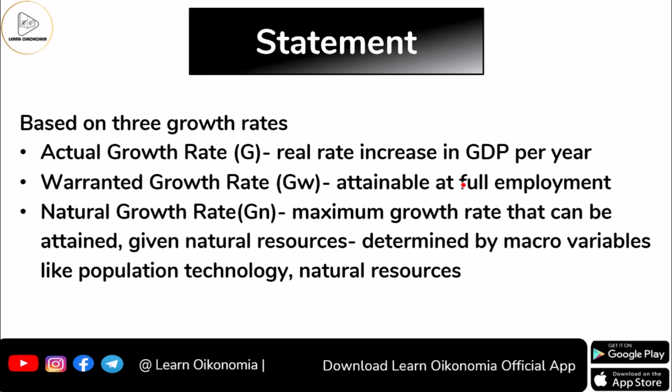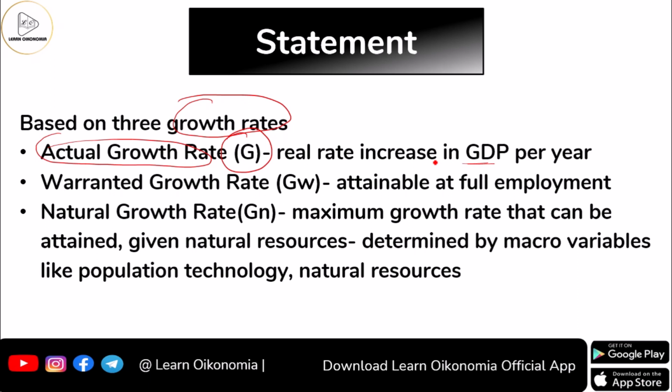Okay, so let's proceed. Moving to the statement of the model. This model is based on three important growth rates in the economy. Harrod identified the role of the actual growth rate in the economy, which he represents as G. So what I was trying to say is that the actual growth rate is represented as capital G, and this shows the real rate of increase in the GDP.